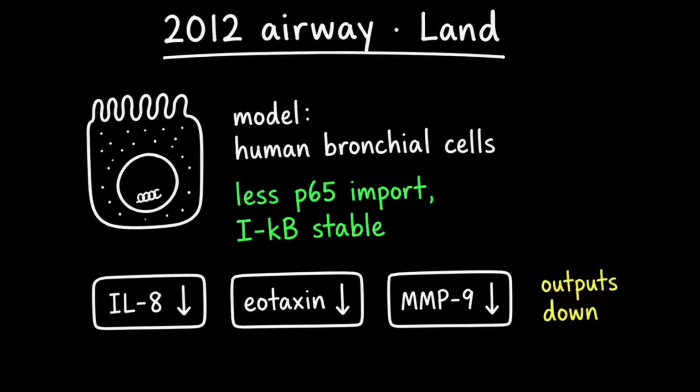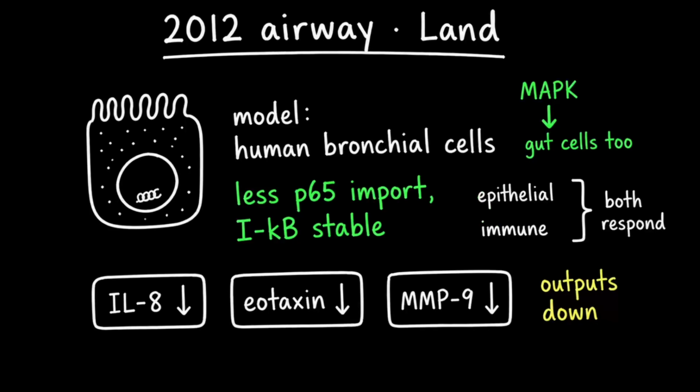So inflammatory mediators like interleukin-8, eotaxin, and MMP9 activity, they all came down in the model. So these are all inflammatory markers that went down as a result of KPV administration, and likely they were downstream from the less P65 import because we had some certain inflammatory genes that got turned down.